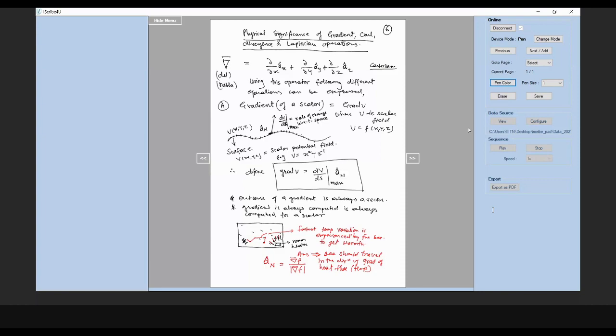So whenever a unit normal vector is required for the surface field distribution, it would be this divided by this.